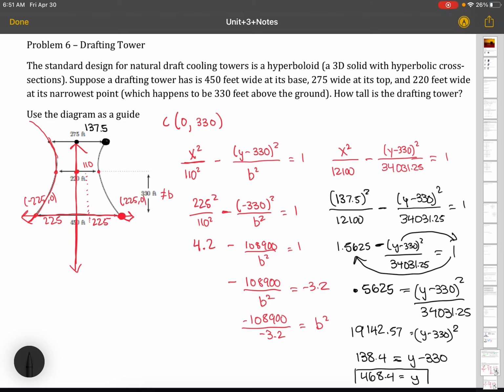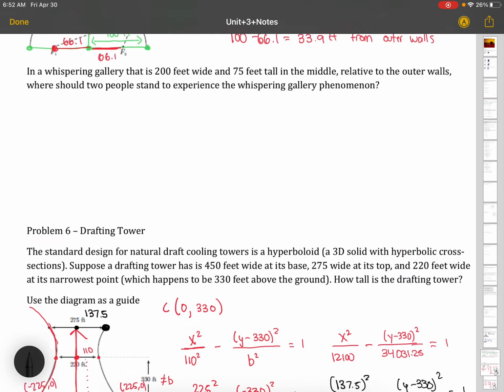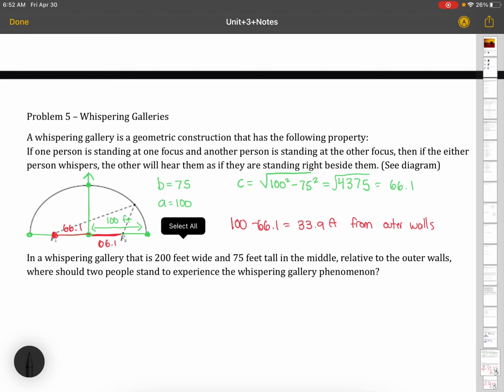Anytime we have to actually draw the shape, it's helpful to always center the conic section on the x-axis, the y-axis, or both. So like in this example, we centered the hyperbola on just the y-axis. For number 5, we also centered our ellipse on the y-axis.